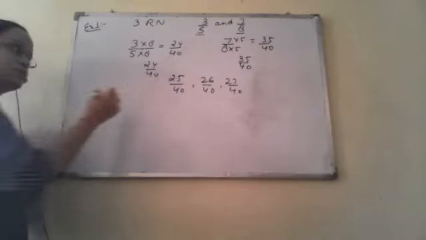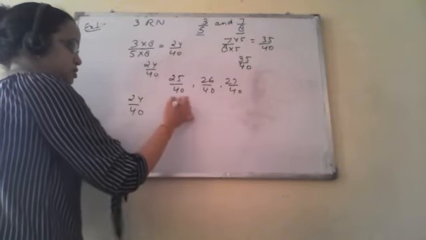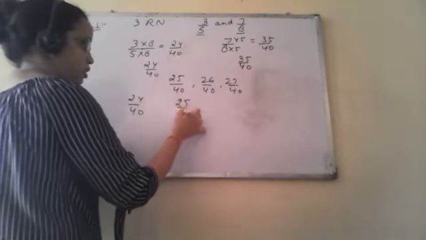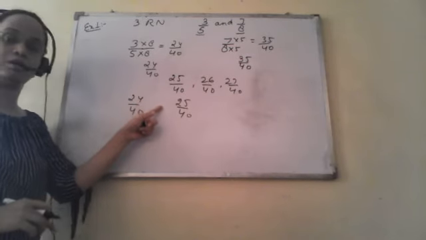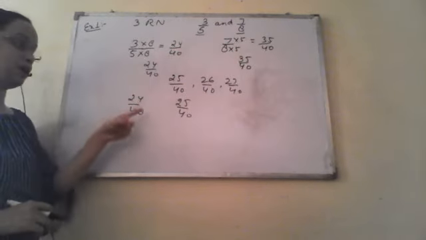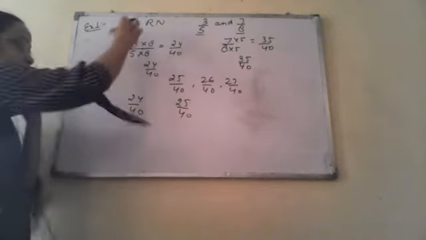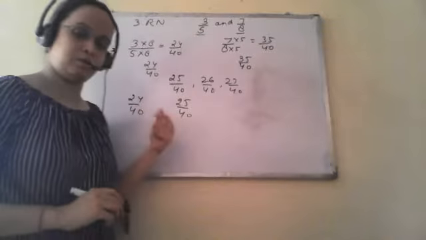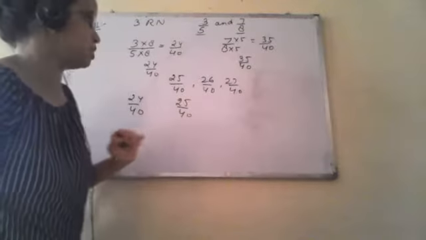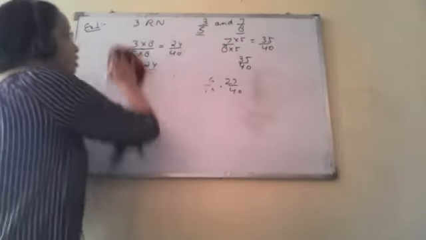If it had been 25 upon 40 and 26 upon 40, where there is a difference of 1 in the numerator, then you have to multiply again by whatever the number is, plus 1. If this is 4, this is 3, you will multiply by 4 plus 1, that is n plus 1. So this is the way you have to find. Okay. Now the next example.